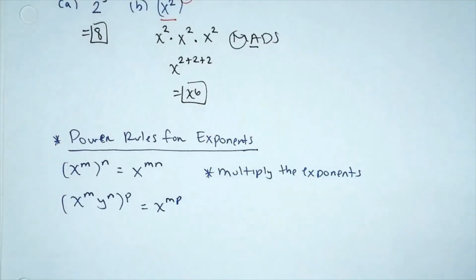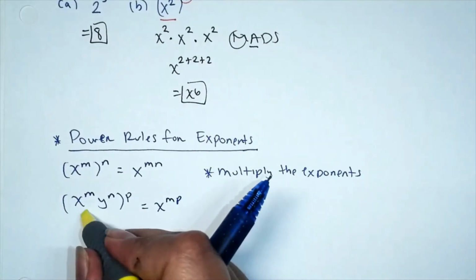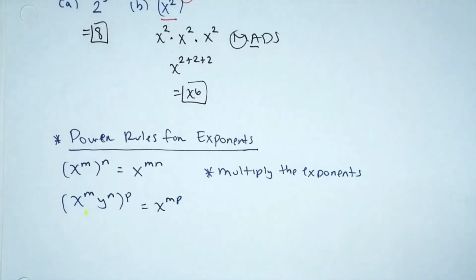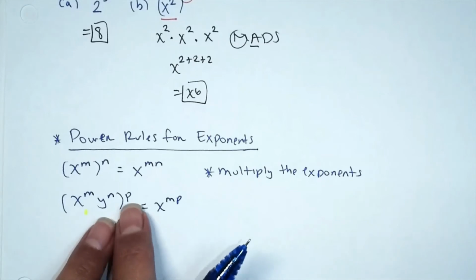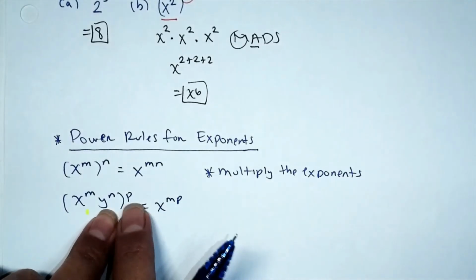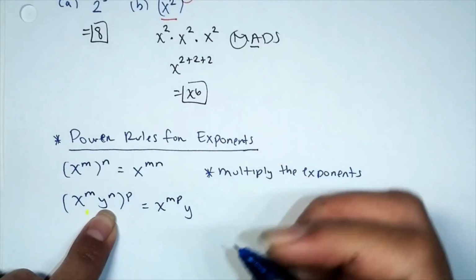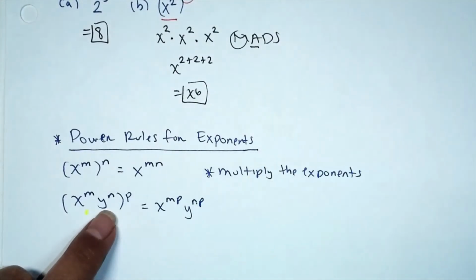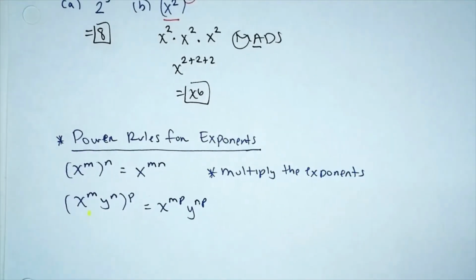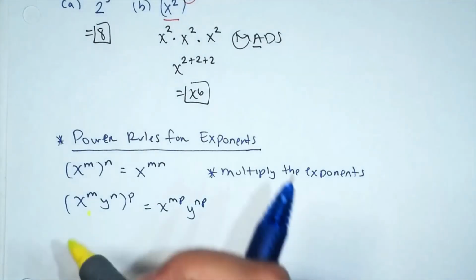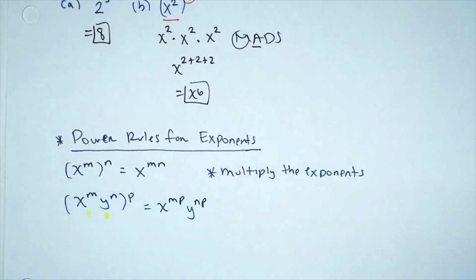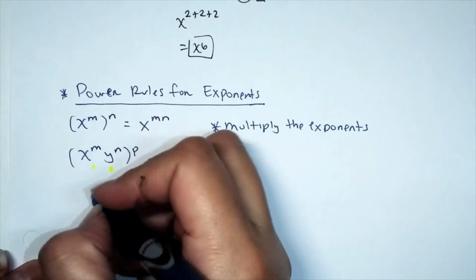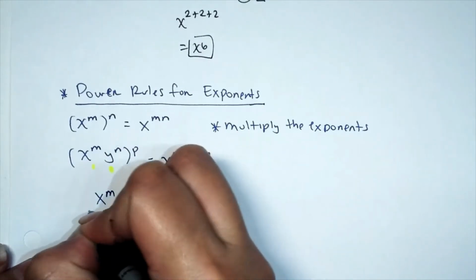One factor down, one more to go. Next factor, y to the n raised to the p power. Power rule, keep the base and multiply the exponent, so that will give us np. So again, this just comes from the first one. Now, third case scenario, what if we have a quotient of factors?